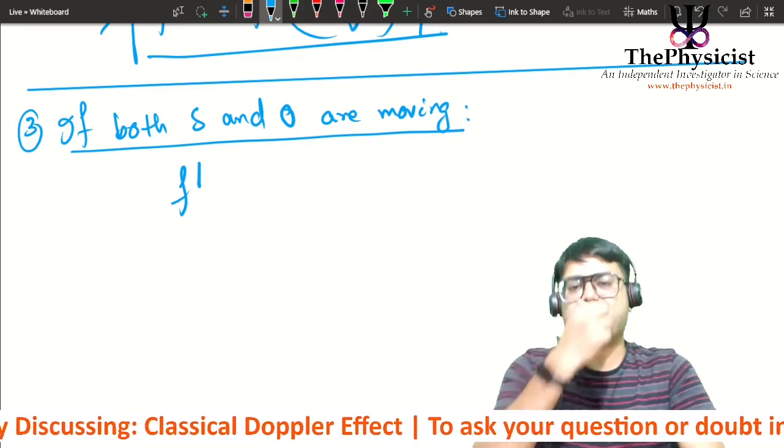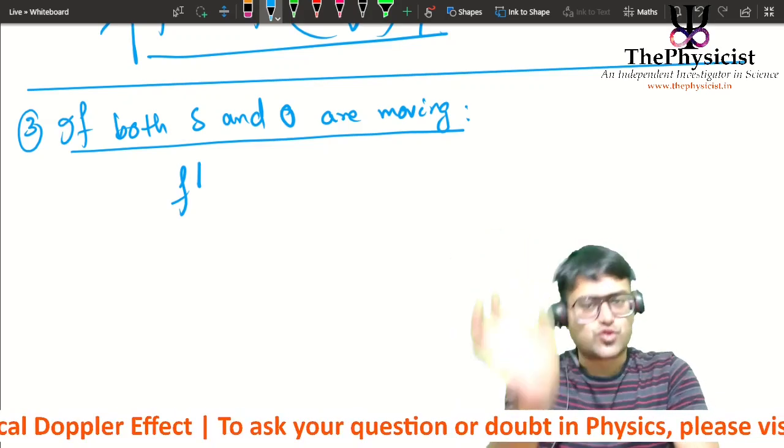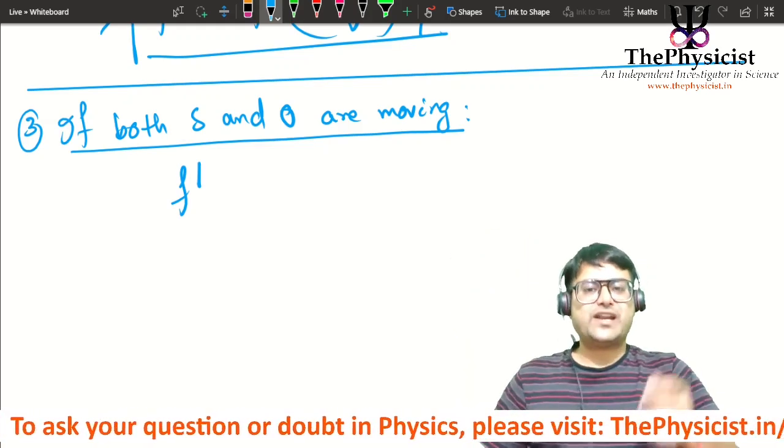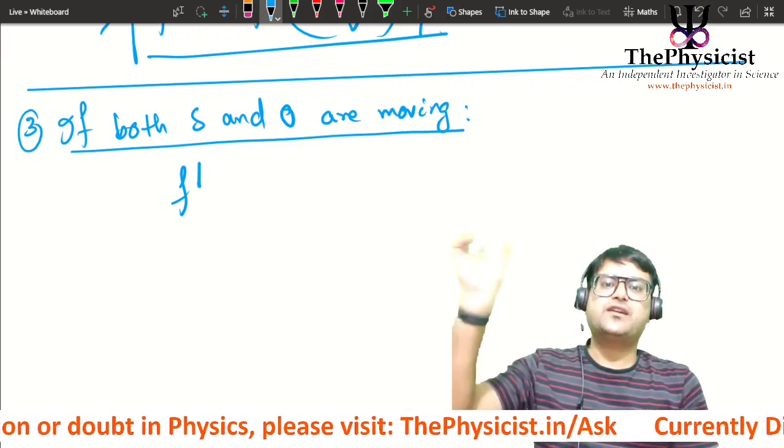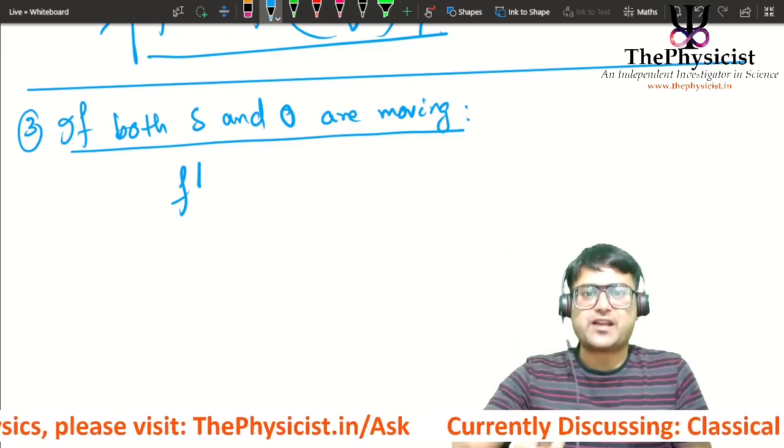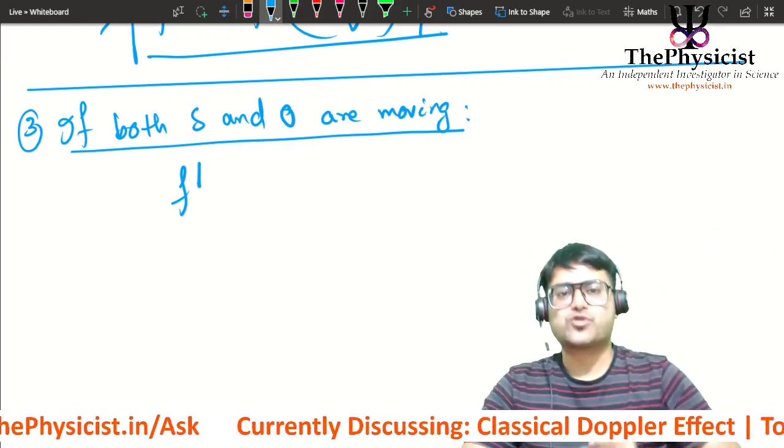Let's imagine we take first the apparent frequency due to the source's motion, and then whatever apparent frequency we get, we will again take the apparent of the apparent when the observer's motion is counted.